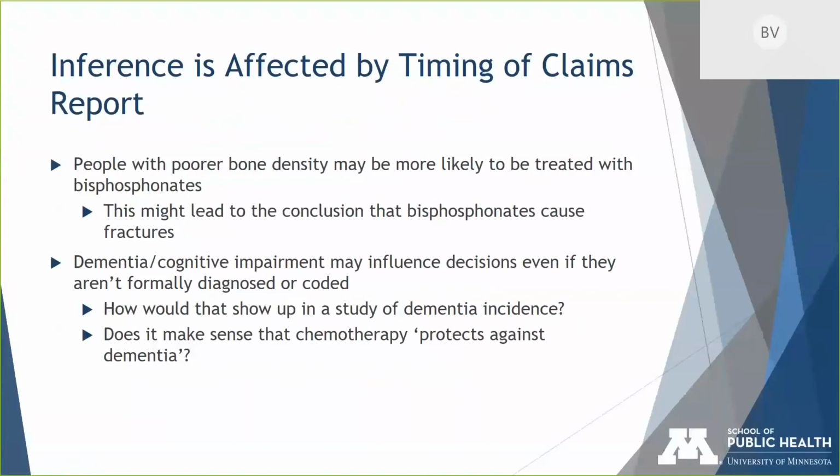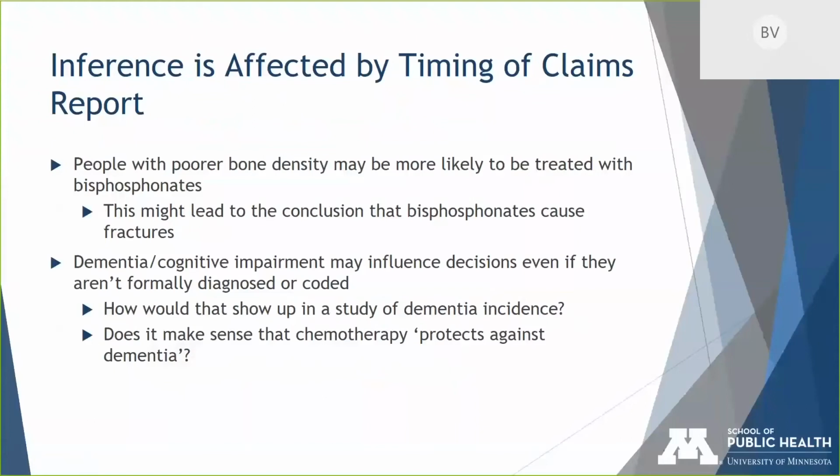And so you might get the conclusion that bisphosphonates cause fractures, when in reality they were taking them because of their poor bone density, and then they had a fracture because of their poor bone density. You have to really think through what you're going to believe from the data.